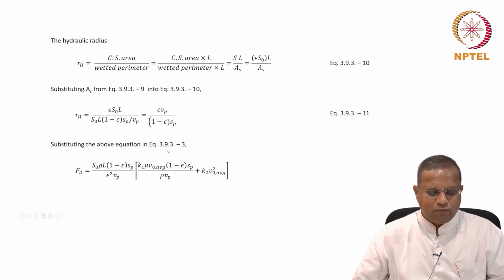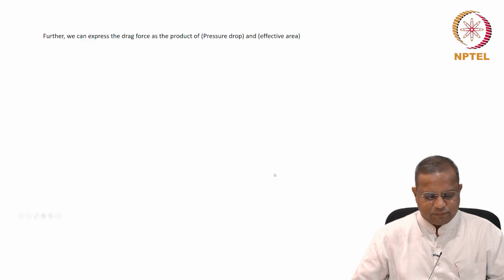Okay, now you know how to get FD in terms of this by substituting RH and other variables into the earlier expression 3.9.3-3. We'll call this 3.9.3-12, and we can express the drag force as a product of the pressure drop times the effective area.